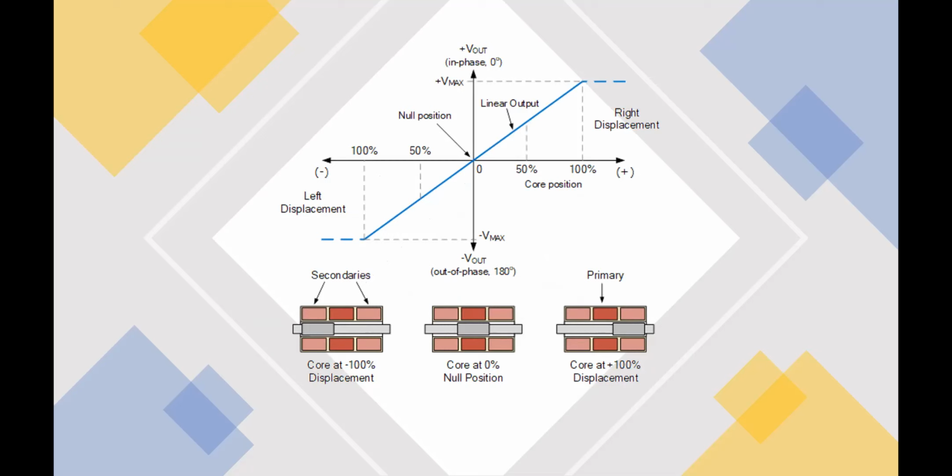Then if we move to the right-hand side, it will produce voltage, and for both sides, whether it goes to the right or left, it will produce the same amount of voltage. It will not be different. Okay, that's all for my group.